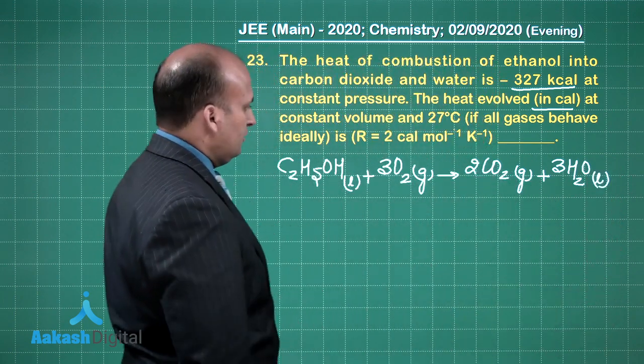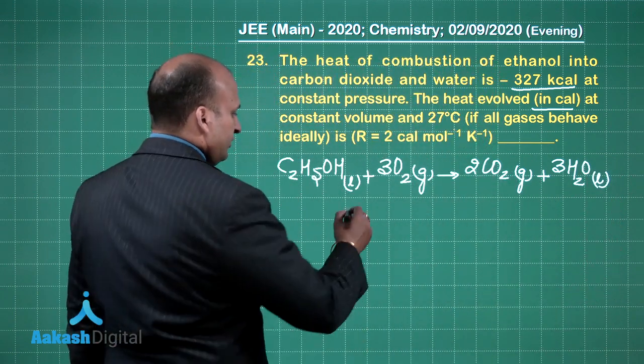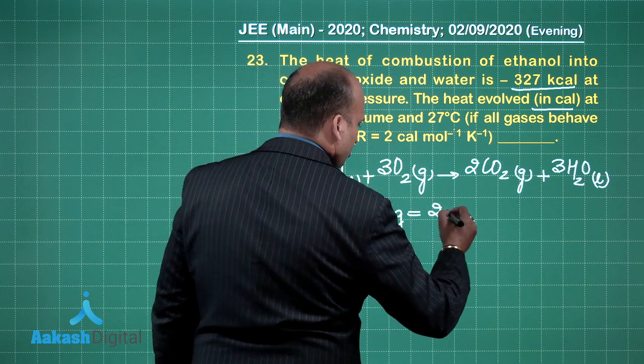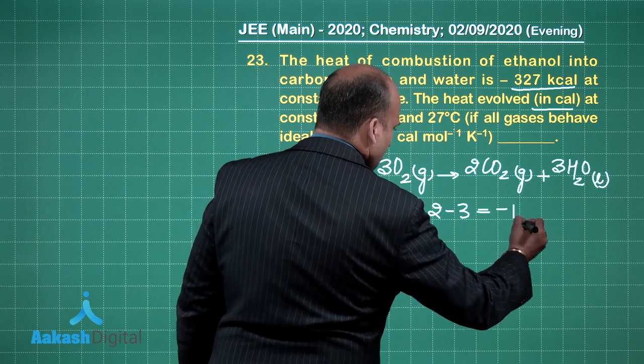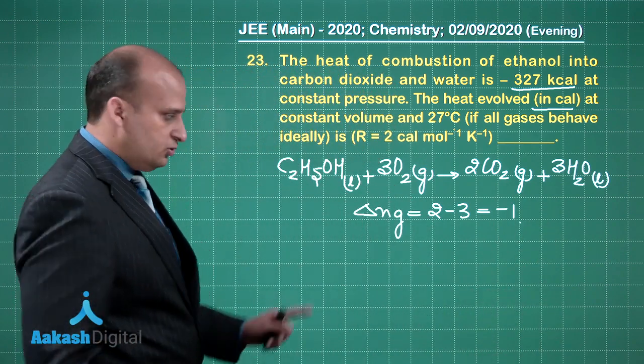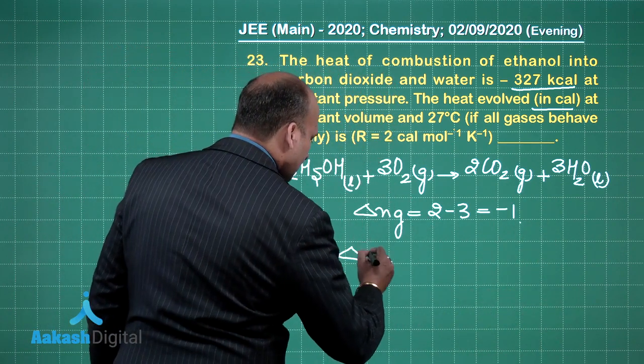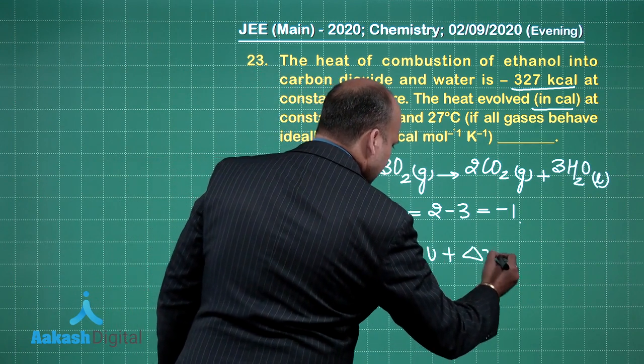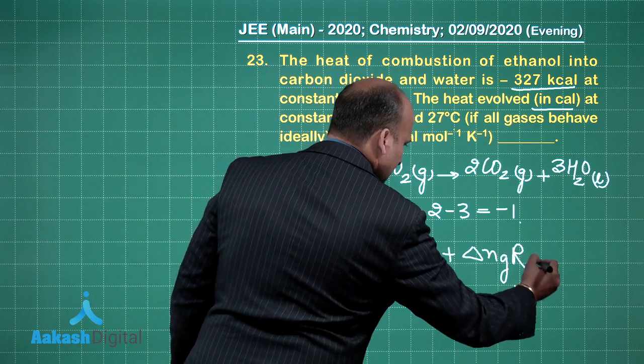Okay. So, equation is there with us. We can find out delta Ng, which will be 2 minus 3, which is minus 1. Now, we can go to the formula, that is delta H is equal to delta U plus delta Ng RT.